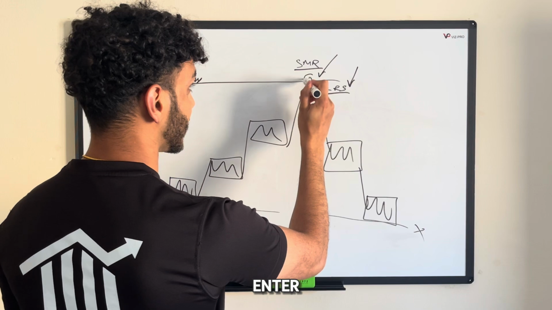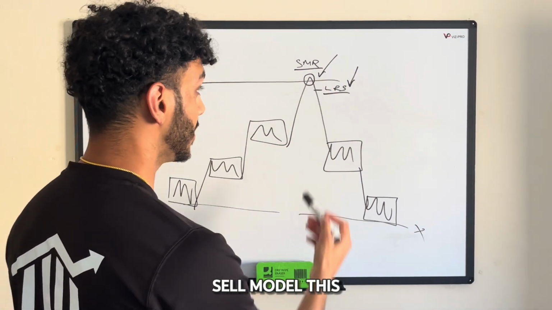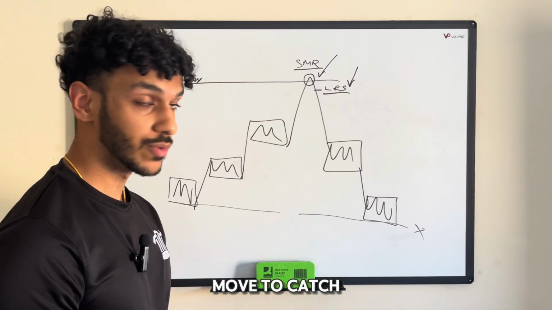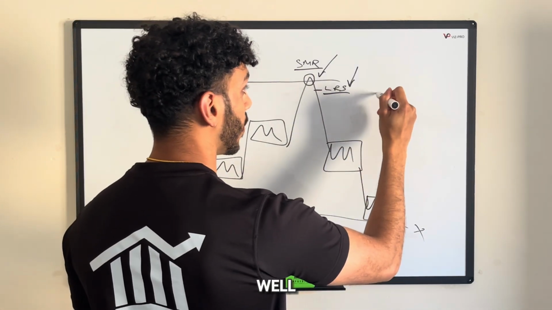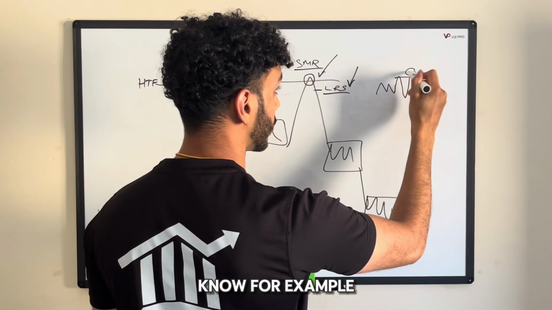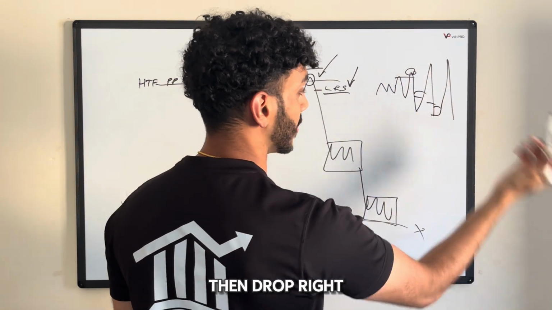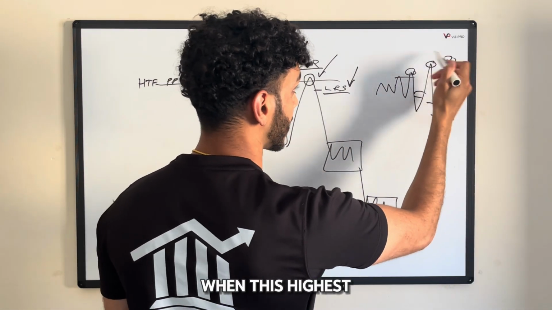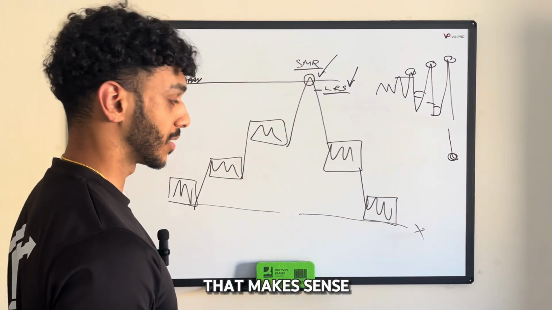You're looking to enter at the reversal point of this entire market maker sell model. This point in time is the hardest move to catch in the entirety of this market maker sell model. Let me explain why. Catching the top is very difficult because you don't know, for example, whether we're going to manipulate again, and then drop, right? You don't know when this high is setting until we're all the way down here, if that makes sense.